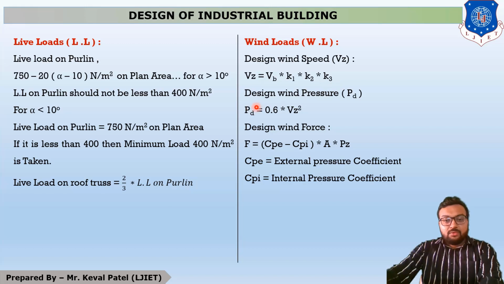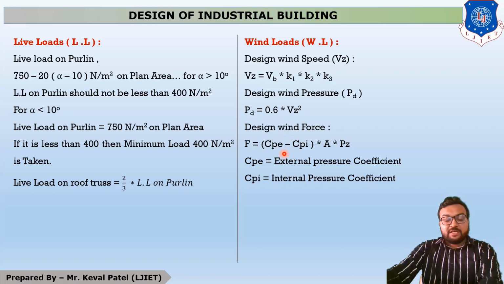Okay. Now second is the design wind pressure. This equation is given on page number 12 of IS 875 part 3, and the equation is 0.6 into Vz square. Now this next equation will not be covered in our semester 7, and it is F is equal to Cpe plus or minus Cpi.